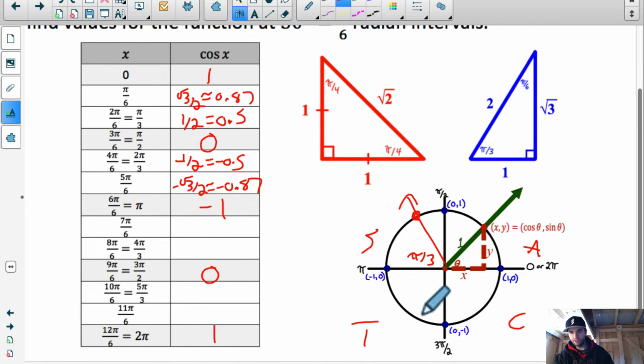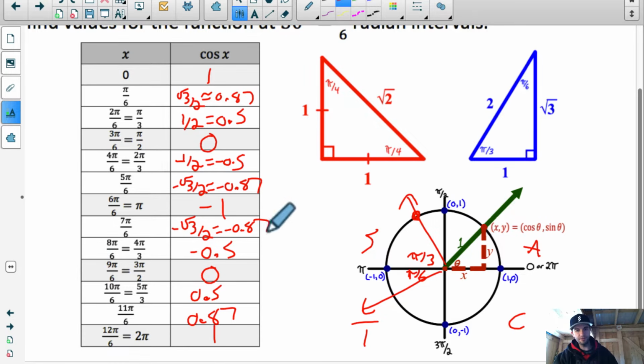Now let's go through quadrant 3 and quadrant 4, once again using reference angles and the CAST rule. So cos of 7 pi over 6, 7 pi over 6 is about here, reference angle of pi over 6. So I can do cos of pi over 6, root 3 over 2, but I have to make it negative because I'm in the tan quadrant. And I think you get the pattern now, so I'll just fill out the rest of these quickly for you.